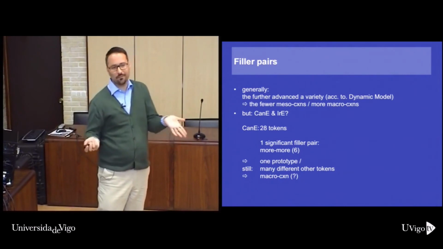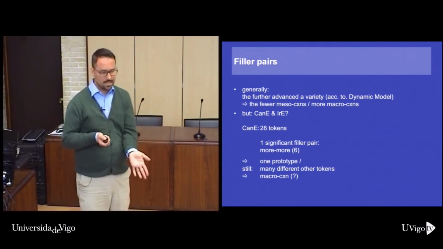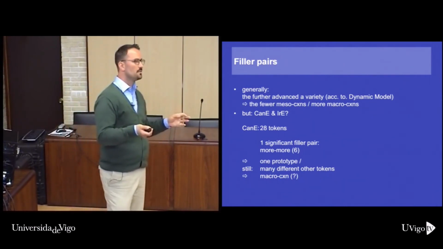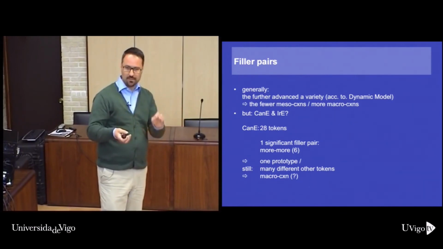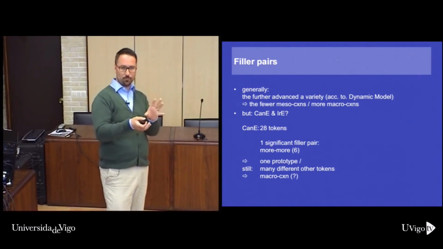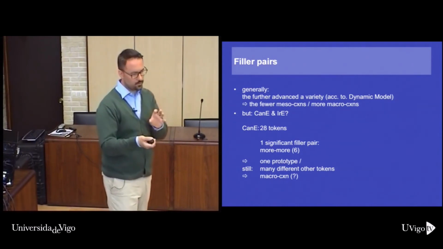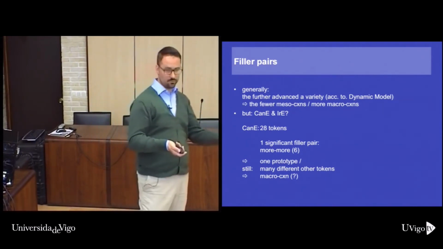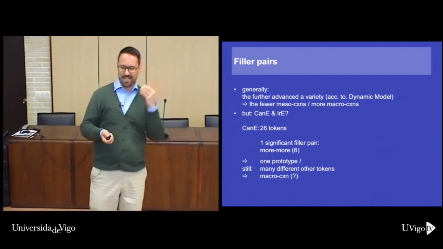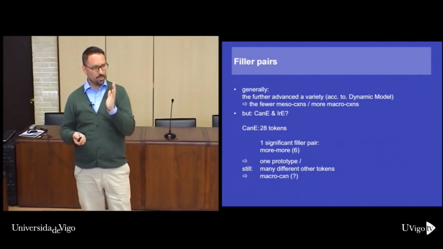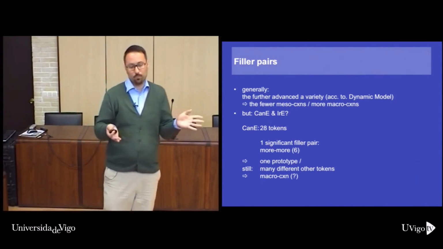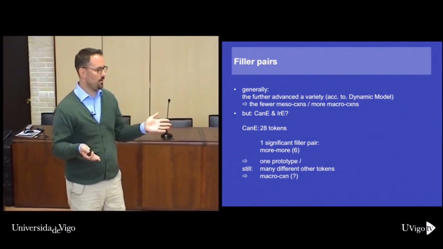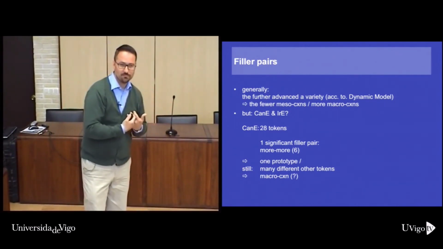Not at all. I'd be lying if I said that completely supports what I was saying. So the best I can say about the study is that I at least tried to argue for a hypothesis that mesoconstructions should be where it's at from a constructional point of view, and I illustrated what that means for this specific construction, and a certain tendency is shown in the data, but it's not clear-cut. Okay? Many possible reasons, but something to be wary about. I might be completely wrong about all of this.